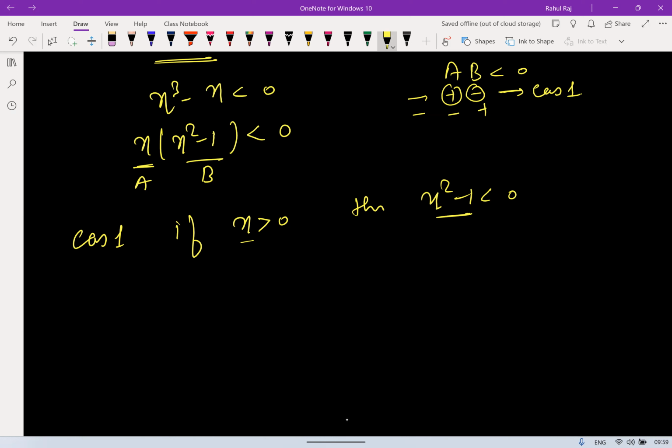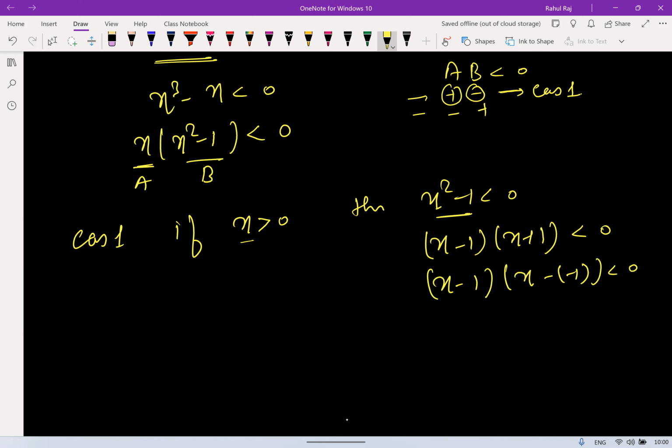Perfect. So x minus 1 into x plus 1 is less than 0. So x minus a into x minus b less than 0. What does this mean? That x lies between a and b.